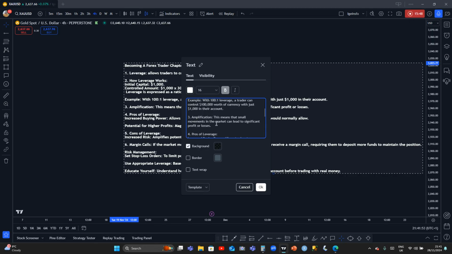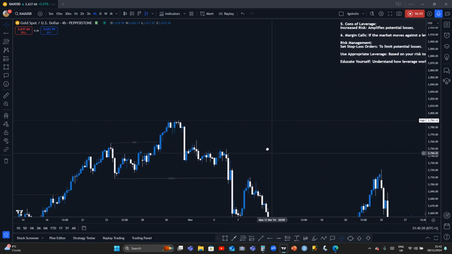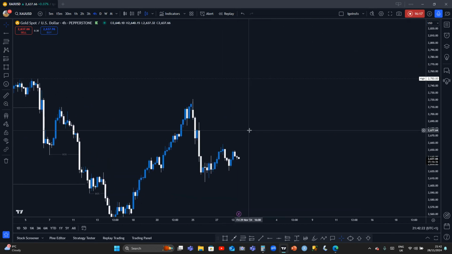Amplification. This means that a small movement in the market can lead to significant profit or loss. Now, what leverage does, because of the amount, even though you have 1,000 and what you have is 30,000 or 100,000, is that any little market movement, you are already in massive profit.